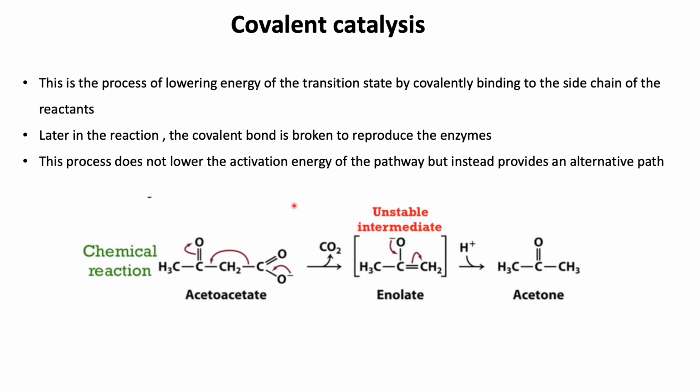This process does not lower the activation energy of the pathway, but instead it provides an alternate pathway. Here's an example of covalent catalysis where acetoacetate is decarboxylated to form acetone, and enolate is the unstable intermediate. The arrows here just indicate the direction of the flow of the ions from one atom to the other.